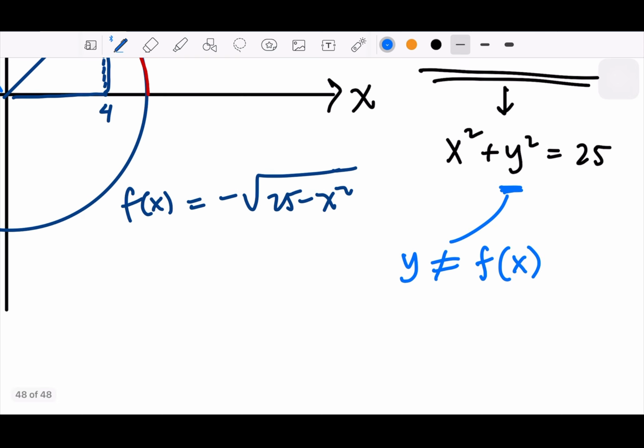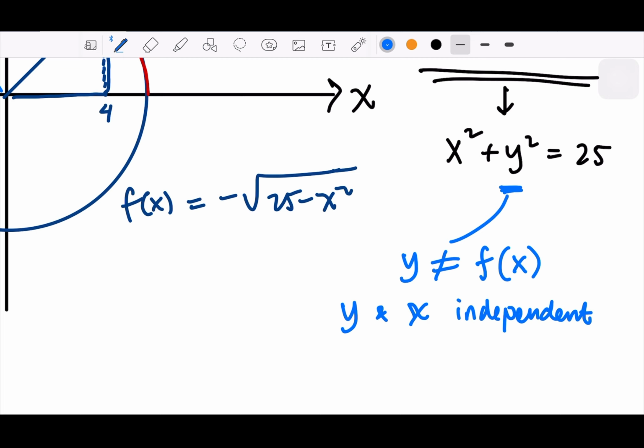So we say that y and x are independent. But, okay, what we are doing in implicit differentiation is we are taking y as a function of x, although it's not. I hope you get what my point is.